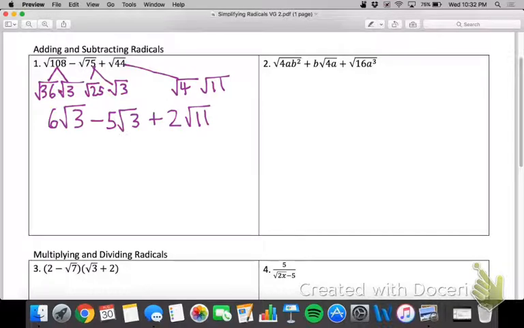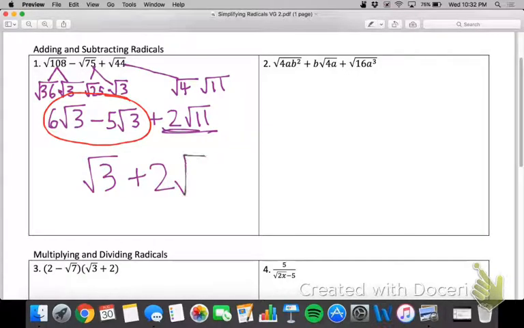So since these two have the same term inside the radical, then we can combine like terms here. And what we get is 1 root 3, so just root 3. And then this one is not like terms, so I just have to leave it by itself. So root 3 plus 2 root 11.